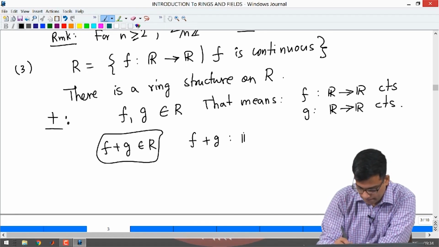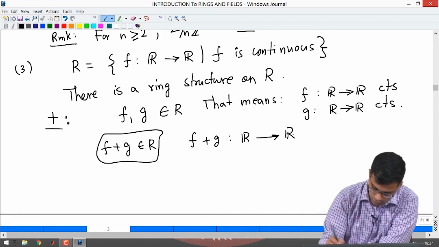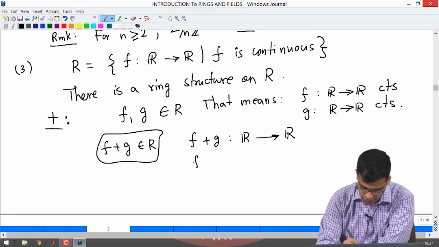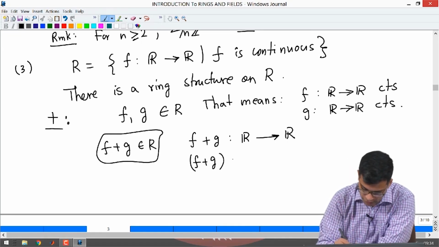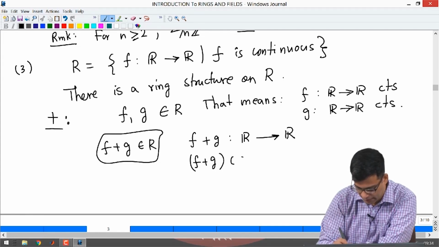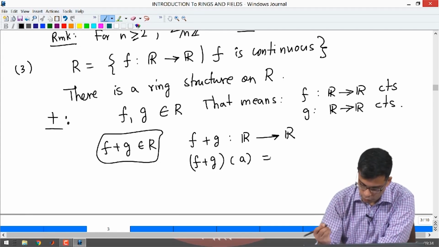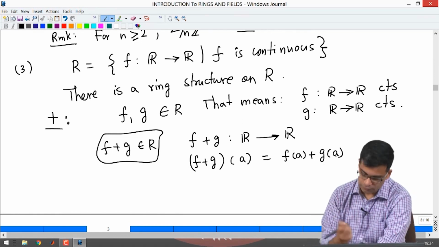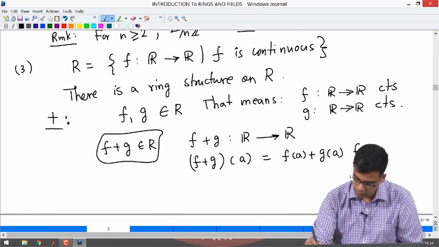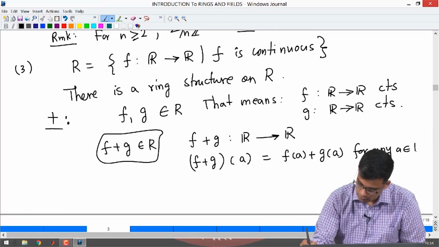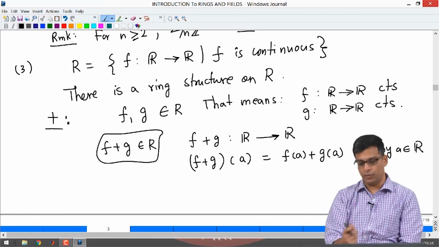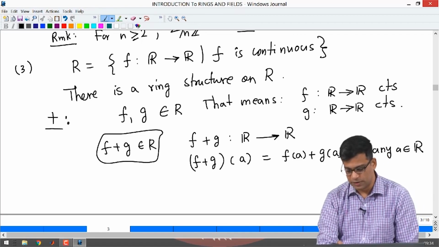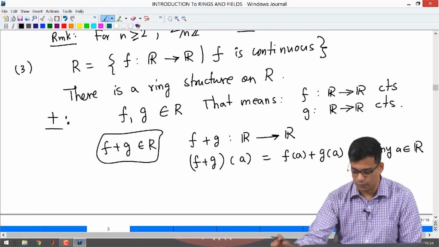Because the target space has addition, I can simply define f plus g of a real number a to be f of a plus g of a. So, take any real number a, the function f plus g on that real number simply is f of a plus g of a.